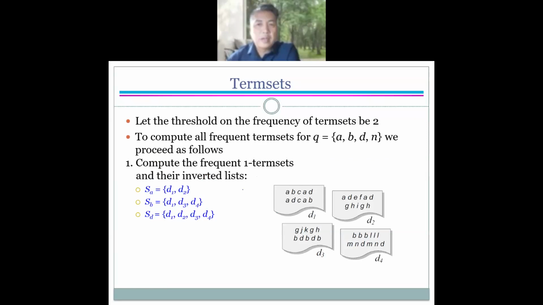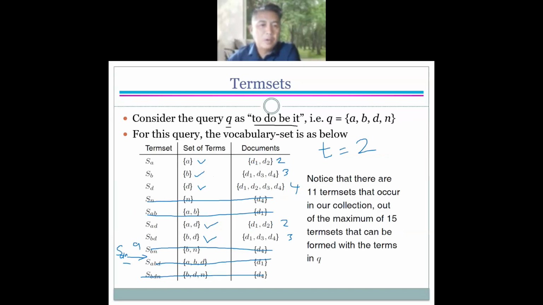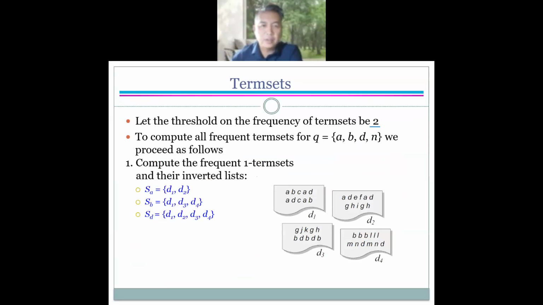Okay. So for example, let's suppose the threshold of the frequency of term set is 2. Based on all of this, we only select the ones that qualify. So the first one is this one. This is the frequent one term set, which consists of only a single term.